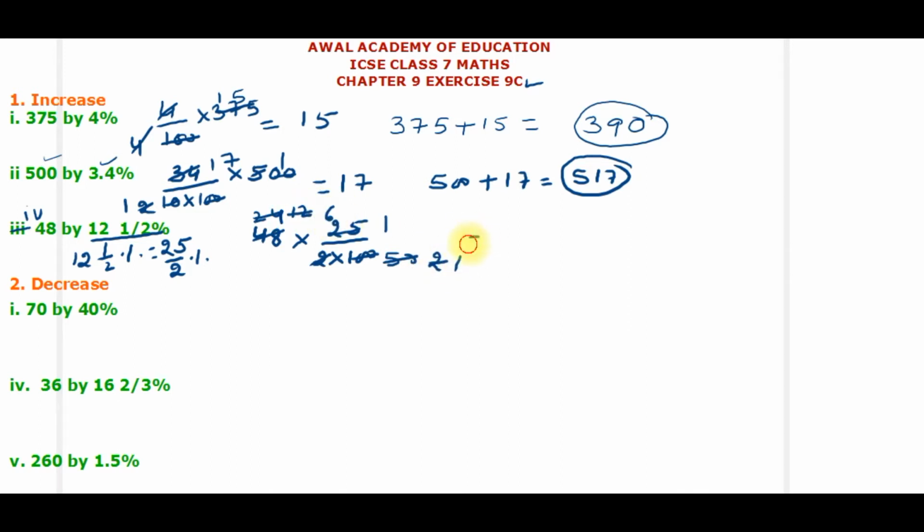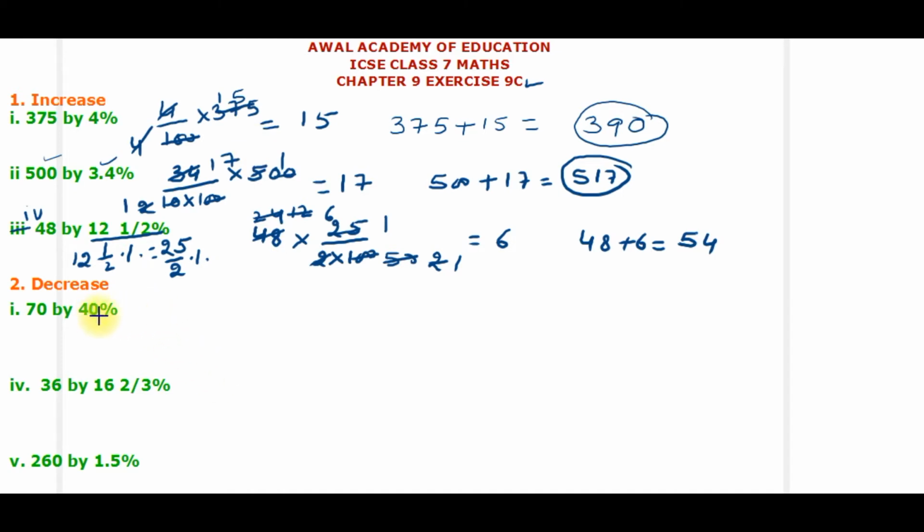So this has come out to be 6. So the total number after increase would become 48 plus 6 equal to 54, right students?